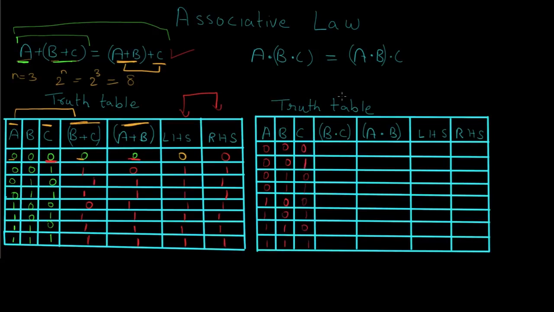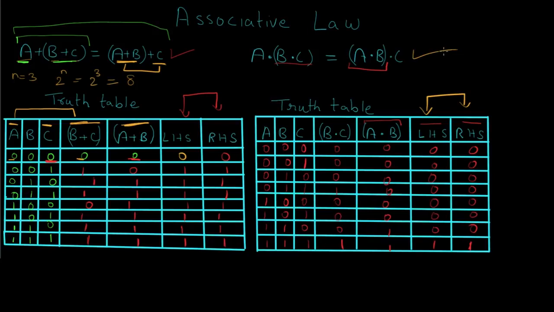Now in the LHS, we have a part b dot c, or b and c. So I separately calculate that in this column. For the RHS, we have the component a and b separately. So I calculate that again in this column. And then in the end, we calculate LHS and RHS. So let me just quickly calculate these values. Okay, so I have calculated the values, and as you can see, the LHS is always equal to RHS in all cases, hence proving this expression.